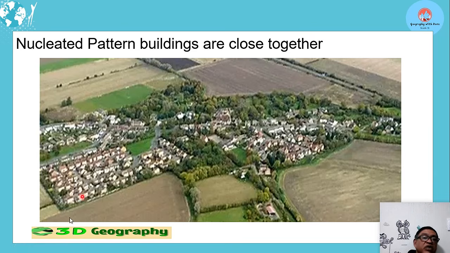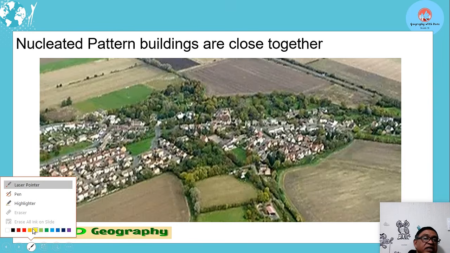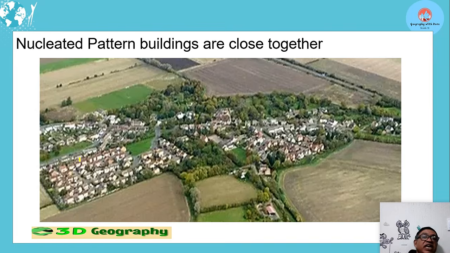So looking at a nucleated settlement pattern, if I get my highlighter, I would say buildings are close together. You can see clearly in this area how the buildings are close together. That's your nucleated pattern. They are clustered all together in the area.